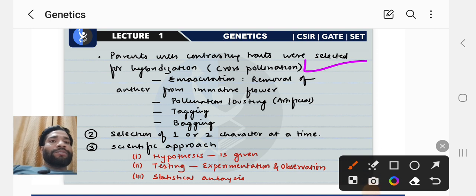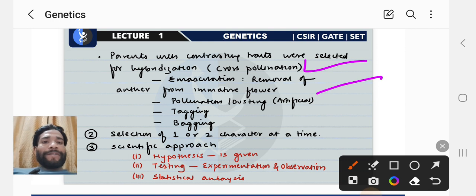Emasculation is the technique by which we remove the anther from the immature flower, and this is the basic technique which enables cross pollination.